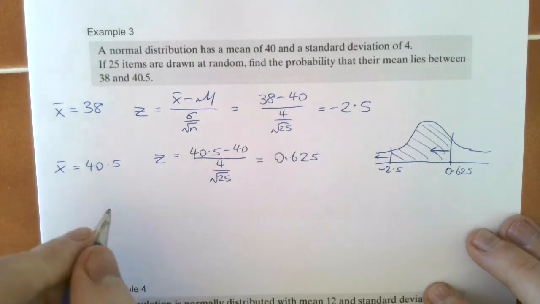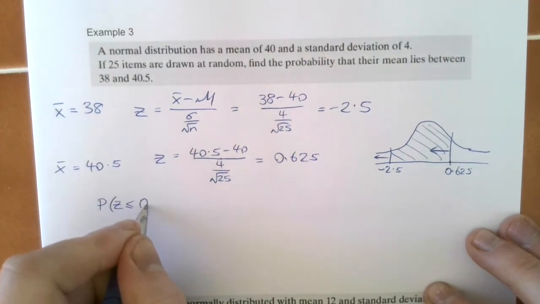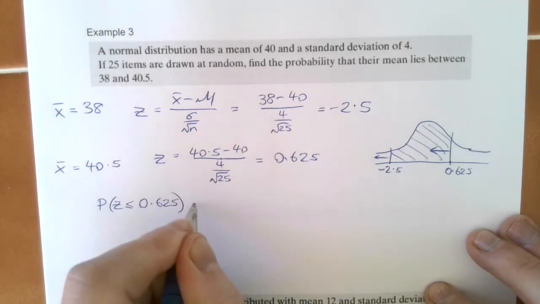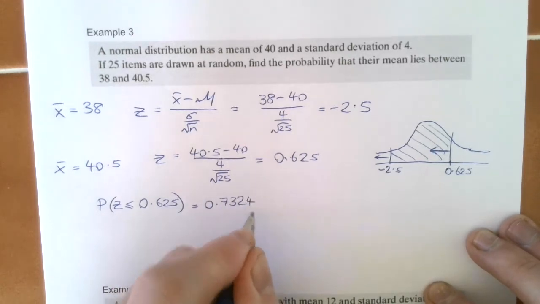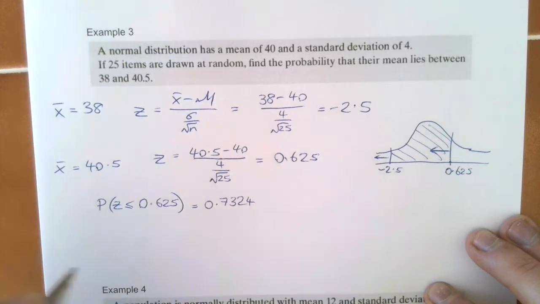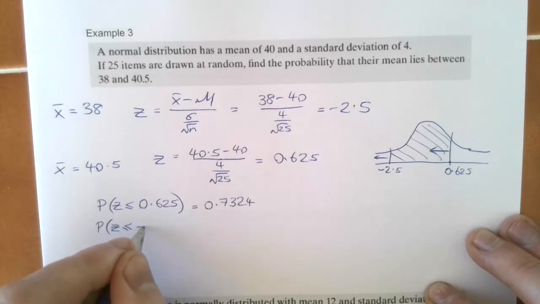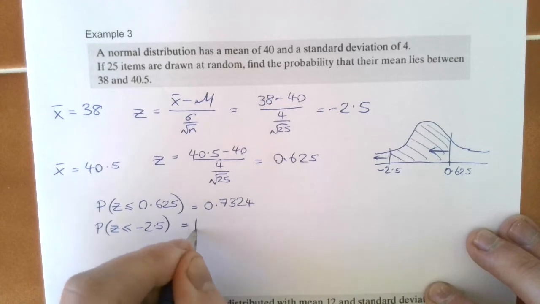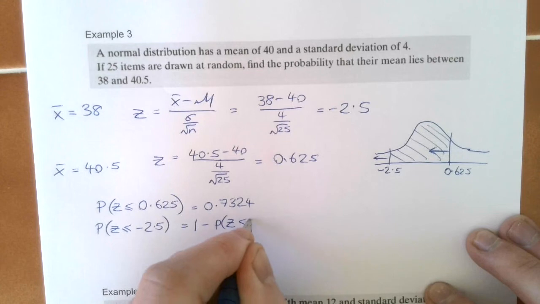To figure out, first of all, the probability that z is less than or equal to 0.625, we can find that one straight away, which is equal to 0.7324. Find that in your log tables. And to get the probability that z is less than or equal to minus 2.5, we need to find out 1 minus the probability that z is less than or equal to 2.5.